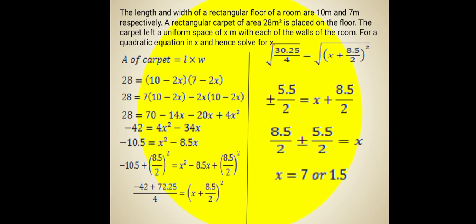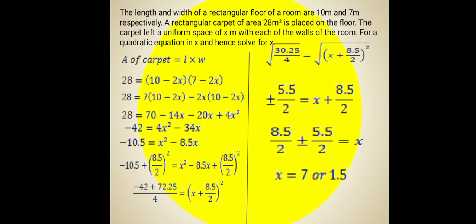The length and the width of a rectangular floor of a room is 10 meters and 7 meters respectively. A rectangular carpet of area 28 meters squared is placed on the floor. The carpet left a uniform space of X with each of the walls of the room. Form a quadratic equation in X and hence solve for X. So the area of the carpet is length times width.